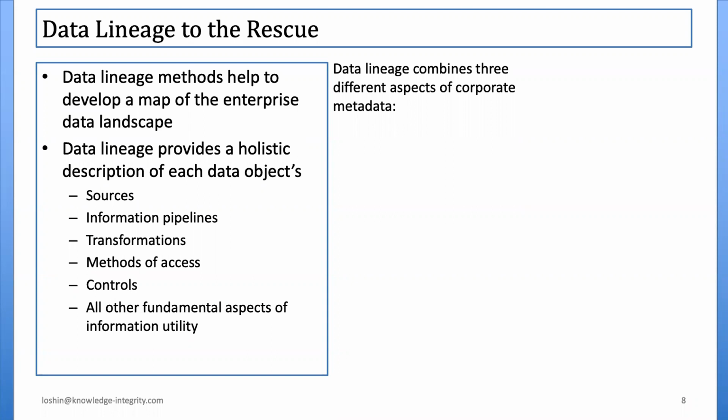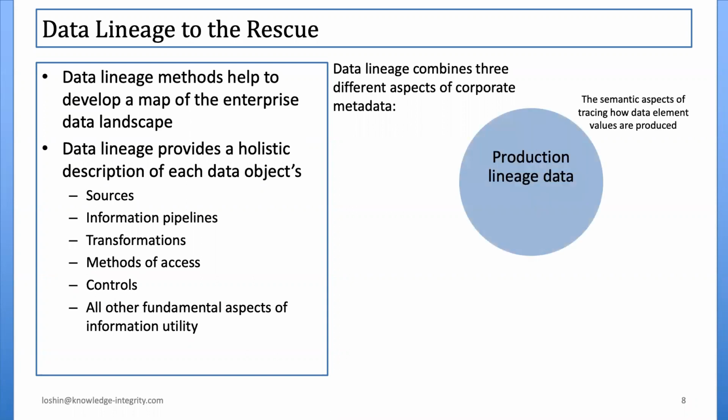And so data lineage combines different aspects of corporate metadata. The first one is the production lineage, which is the semantic aspects of tracing how data element values are produced. This is an interesting example, I think, because people don't usually think about a report as being an object that is subject to metadata.